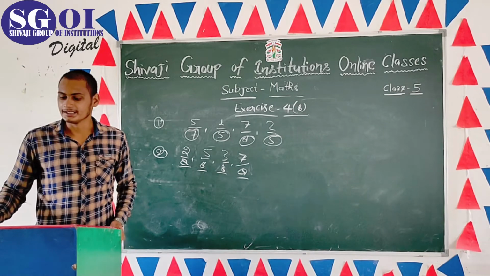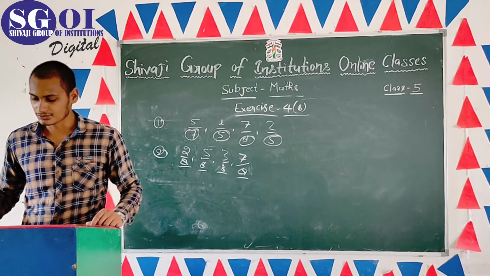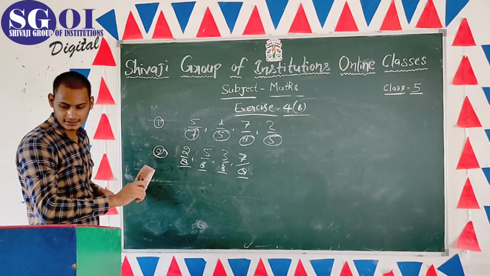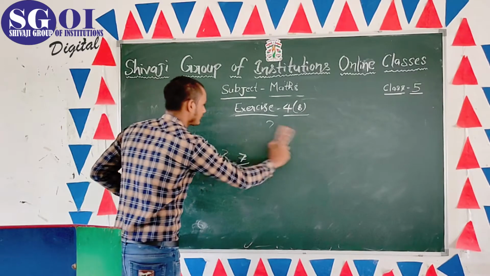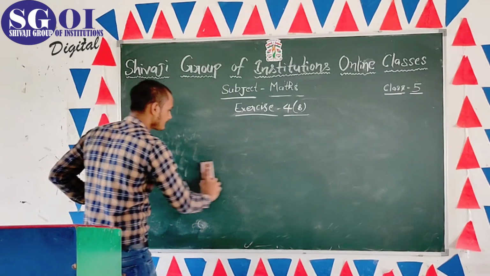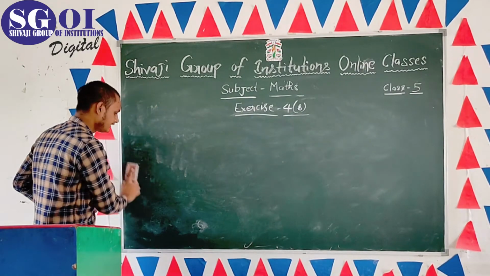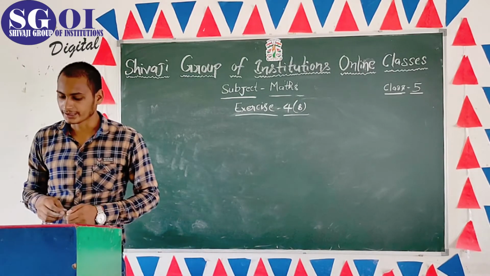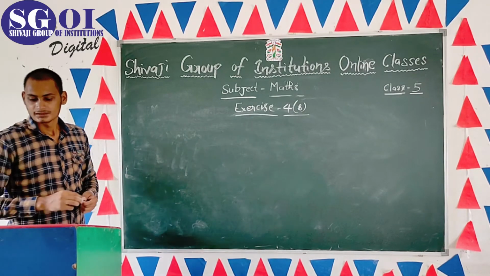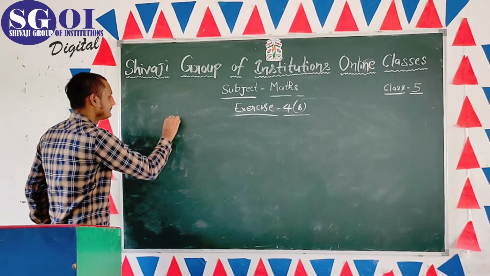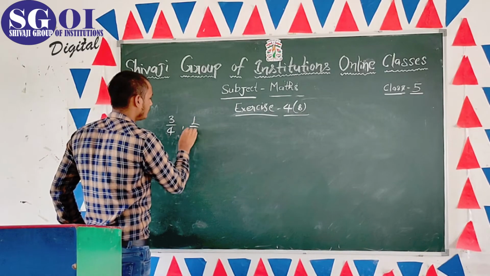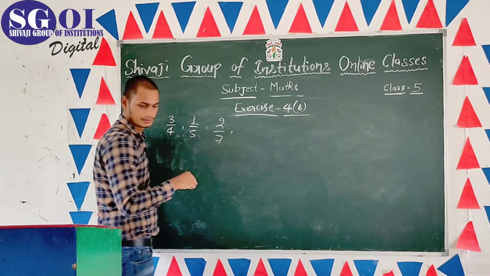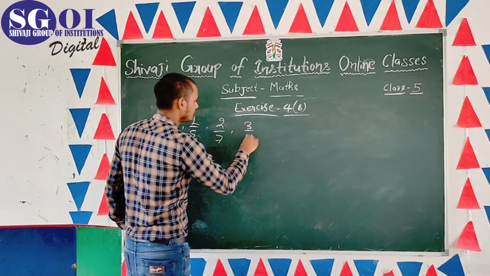Next, part B. In each of the following, identify the sets of unlike fractions. Okay friends, upon 4, 1 upon 5, comma 2 upon 7, 3 upon 11.